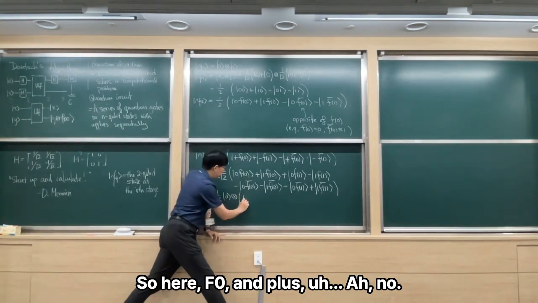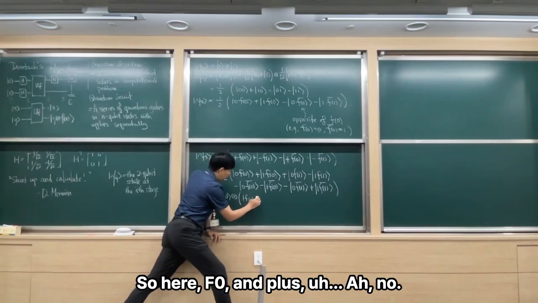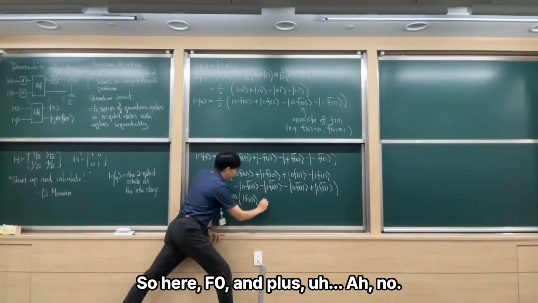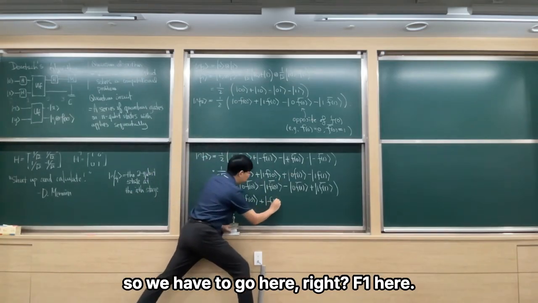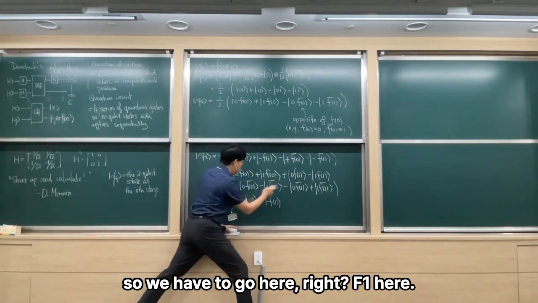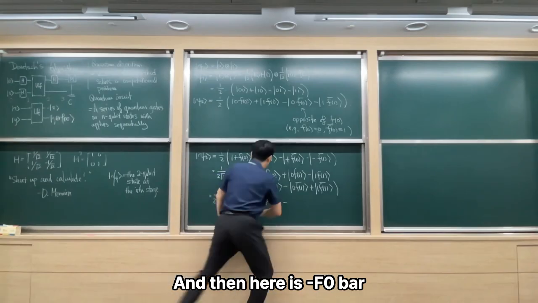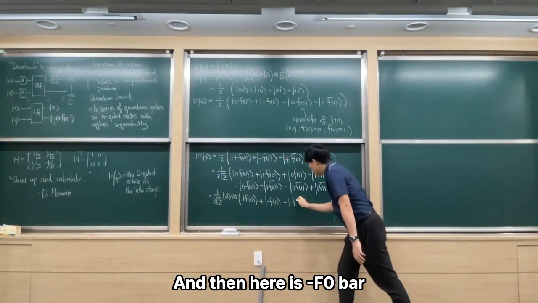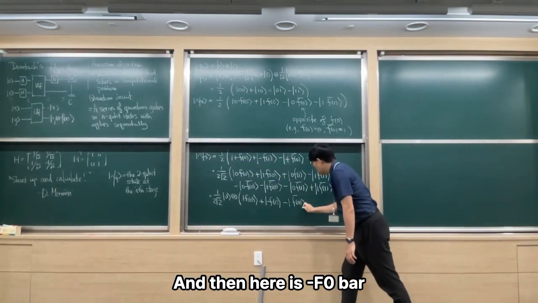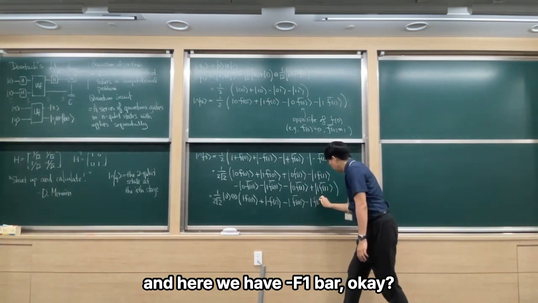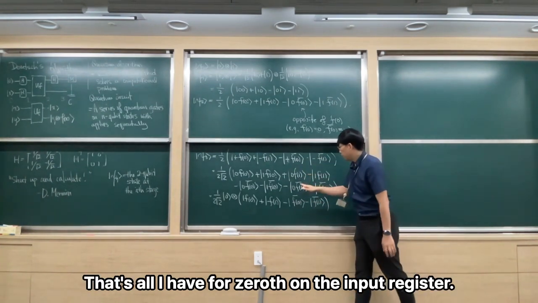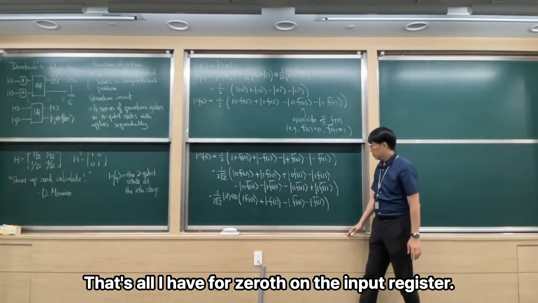So here F0, and plus, no, this is not 1, this is 1, so we have to go here, right? F1 here, and then here is minus F0 bar, and here we have minus F1 bar. Okay, that's all I have for zeros on the input register.